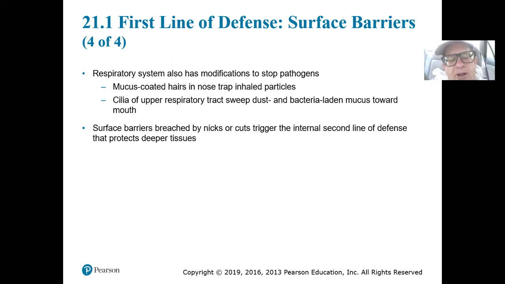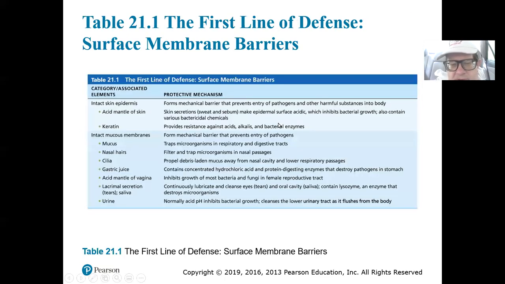So, swallowing it down to the stomach is a good way to get rid of stuff. These surface barriers in your skin and your mucosa, you could have nicks, shaving cuts, and if that's the case, you're going to have another way of protecting the deeper tissues. So, all right, let's move on.